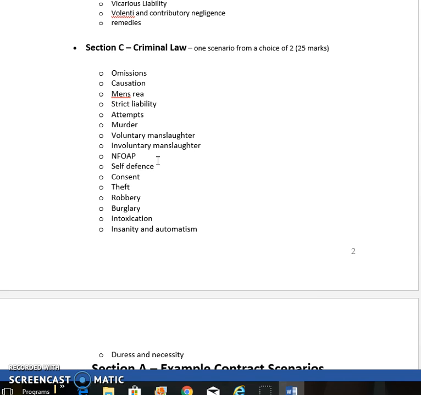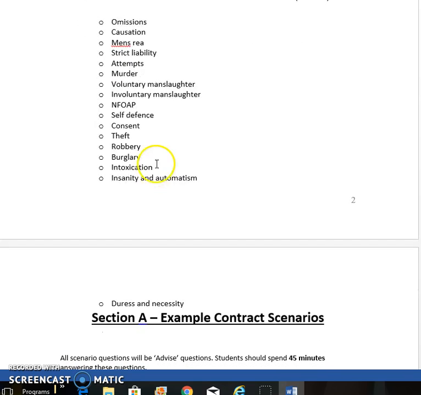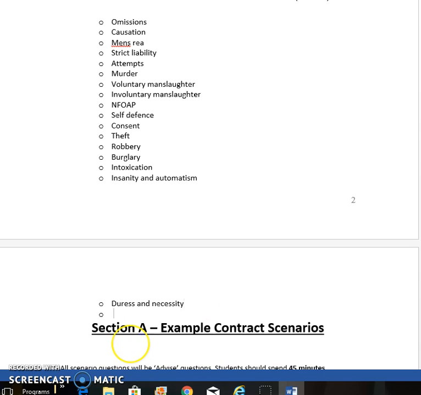We've then got self-defence, consent, and your property offences, theft, robbery, burglary, and then some general defences, intoxication, insanity and automatism, duress and necessity.